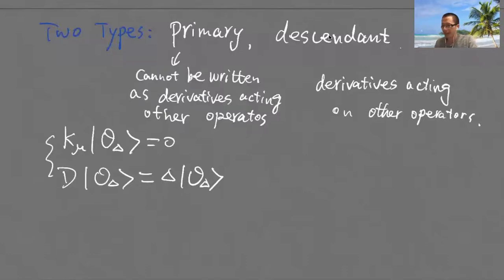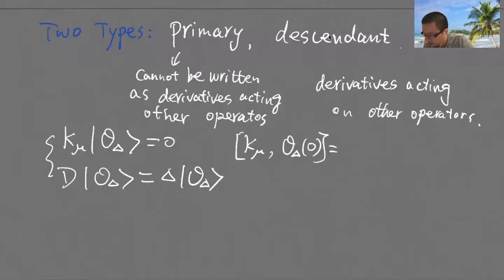Or in the operator language, the commutation relation between K and O at the origin vanishes. So from this we see that a primary operator, according to the name, is more primary, since descendant operators are simply derivatives acting on other operators.